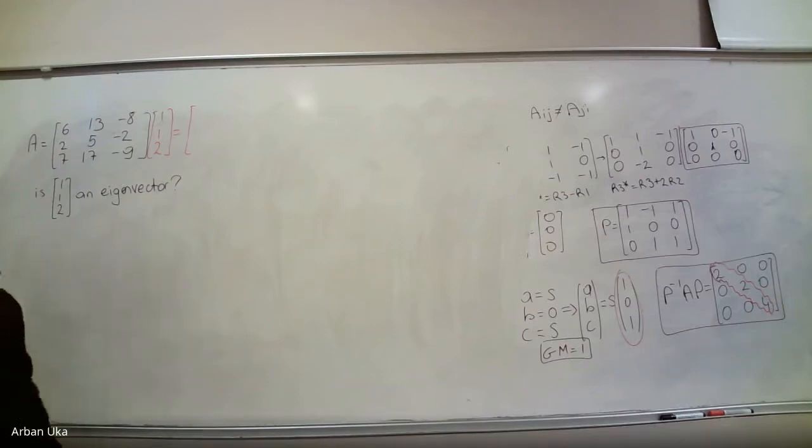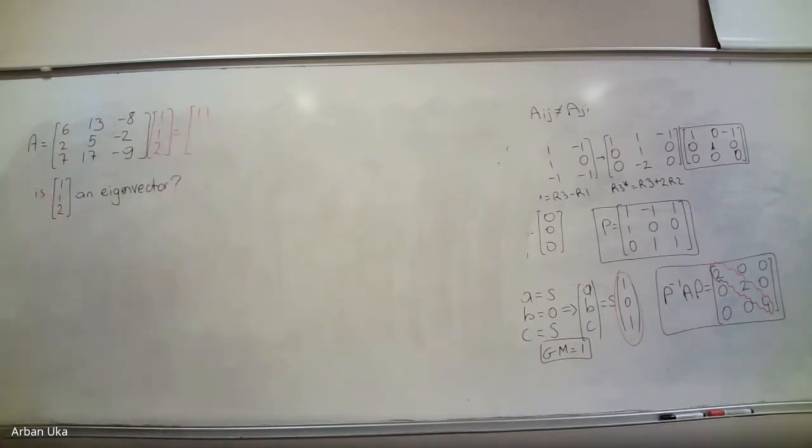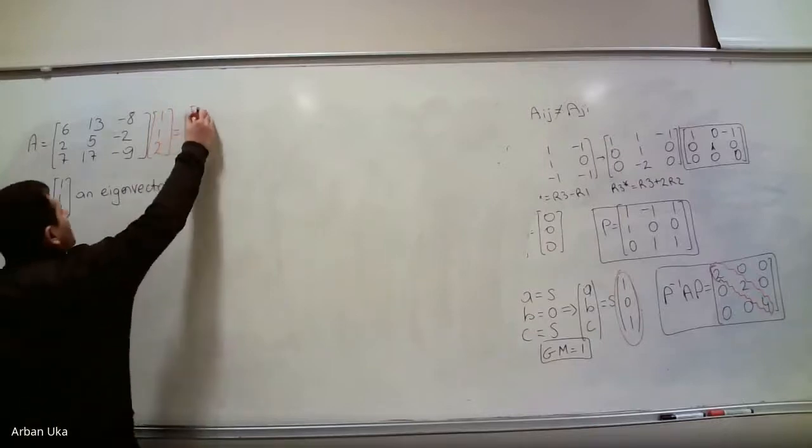What is this? 19 minus 8 is equal to what? 11. And the second value we get, no, it's wrong, sorry. What is that? 19 minus 16 equal to 3. This is 3, right? Okay.